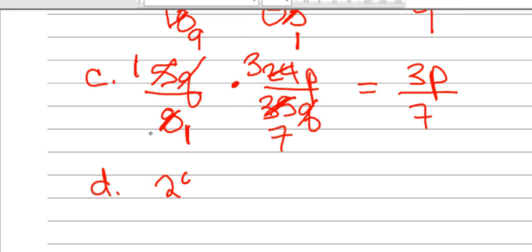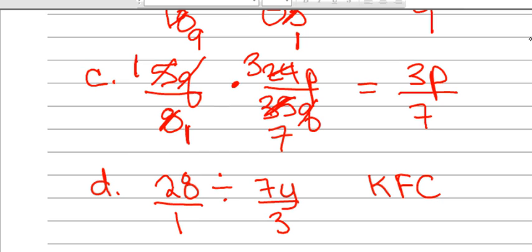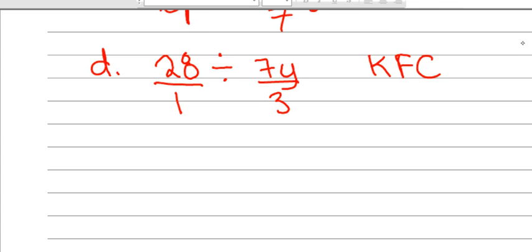So part D is 28 divided by 7y over 3. And again, I want to keep, flip, change. I'm going to put a 1 underneath my 28.